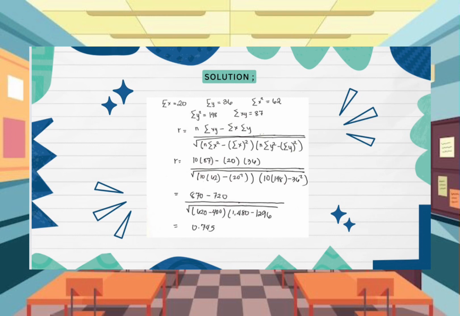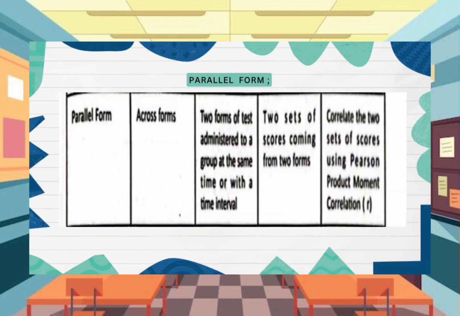Let's go on to the second type of reliability, which is the parallel form. The expected consistency is across forms, and the test administration has two forms of the test administered to a group at the same time or with a time interval. The data has two sets of scores coming from two forms. And the statistical analysis is to correlate the two sets of scores using Pearson product-moment correlation, just the same as test-retest reliability.